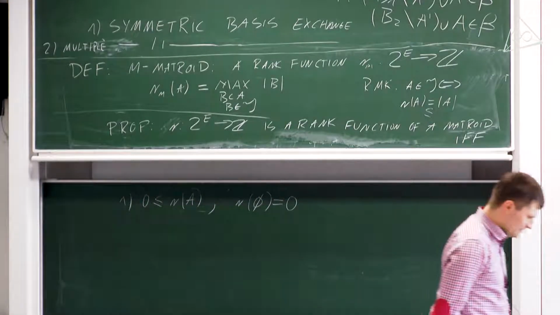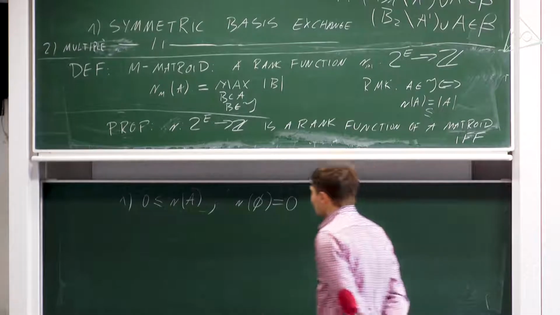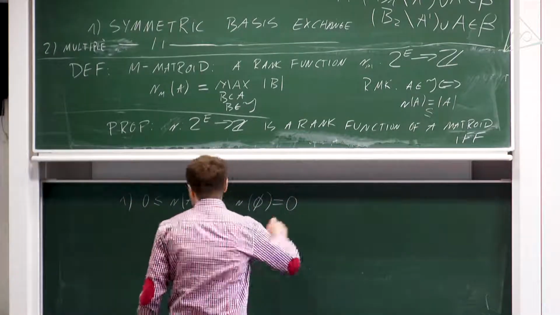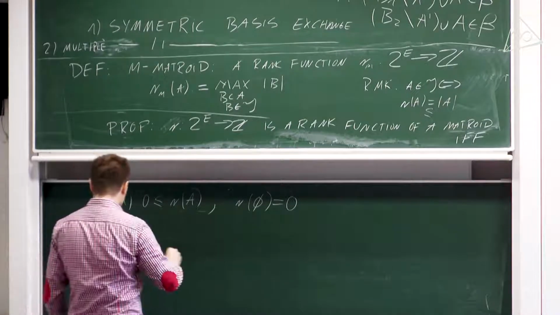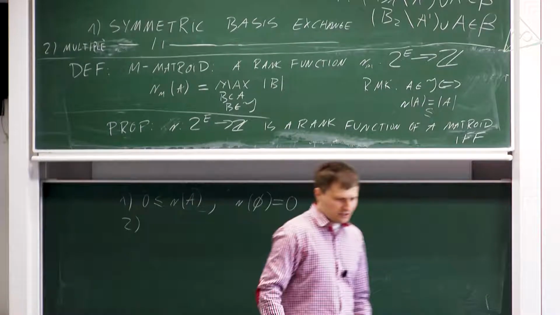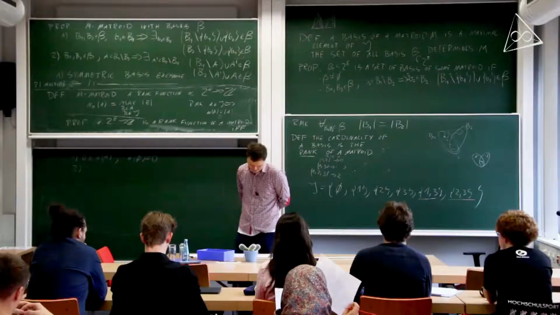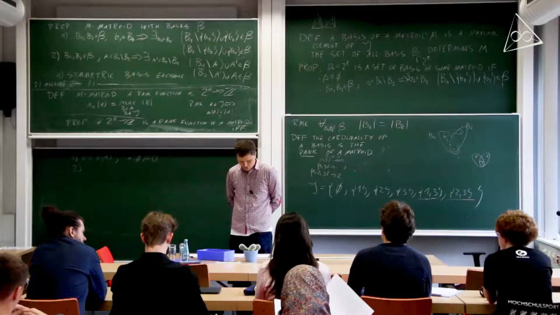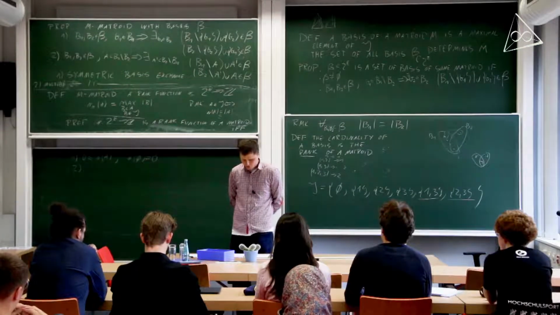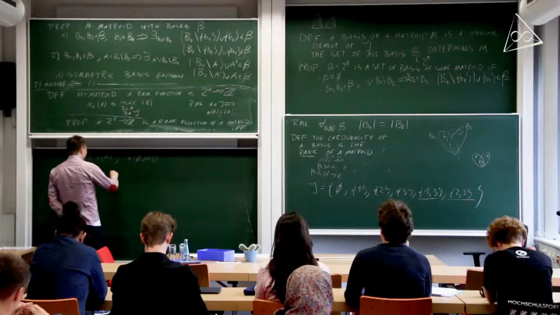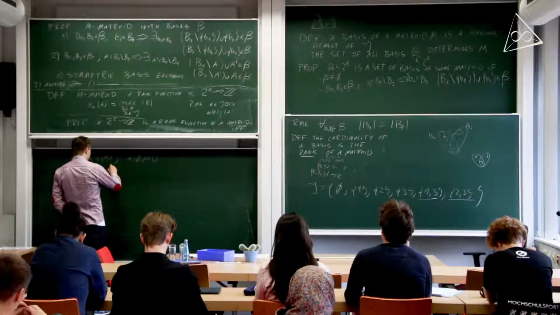There is one more easy, namely what we have written here. Yeah? So the rank always is less or equal than the cardinality, but we will write it in a slightly different form. What happens when we extend an element by 1?